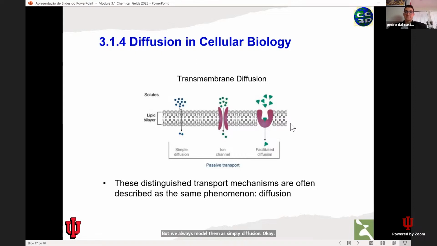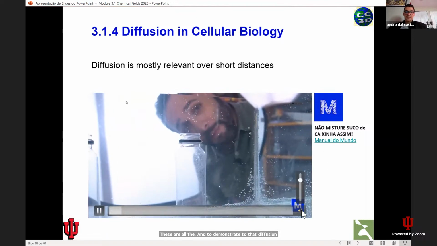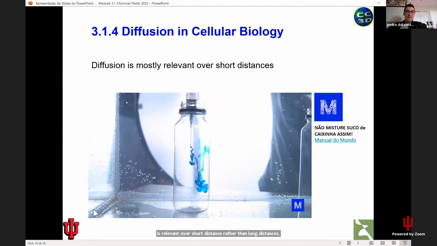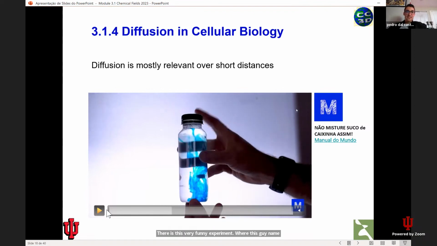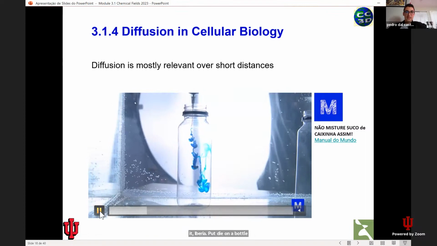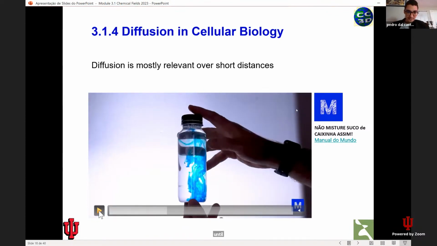These are all diffusion. And to demonstrate that diffusion is relevant over short distances rather than long distances, there is this very funny experiment where this guy named Iberê puts dye in a bottle full of water and waits until the dye stands still.